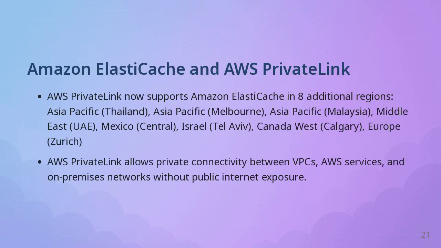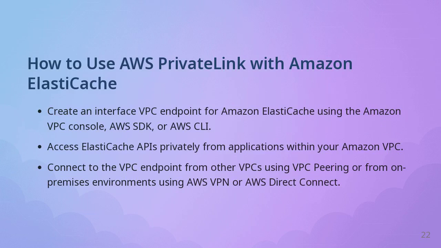Amazon Elasticache now supports AWS PrivateLink in 8 additional AWS regions. Amazon Elasticache has extended its support for AWS PrivateLink in 8 new regions. AWS PrivateLink provides a secure way to connect to services like Elasticache privately, ensuring that network traffic is not exposed to the internet.